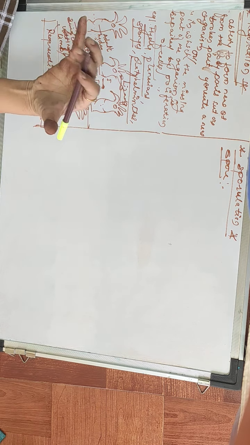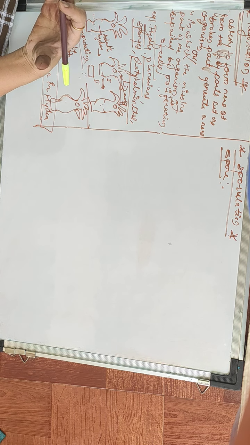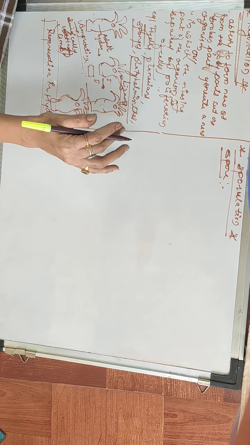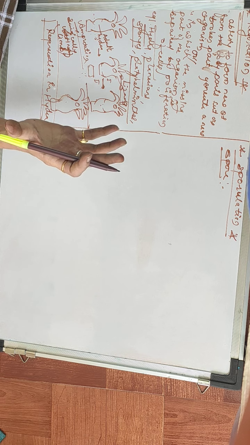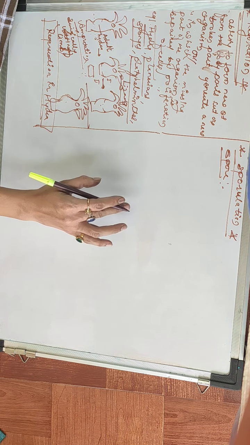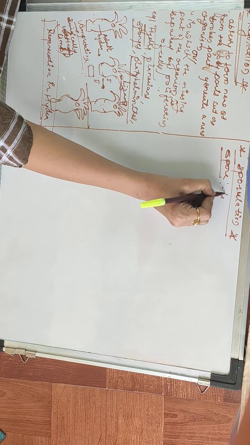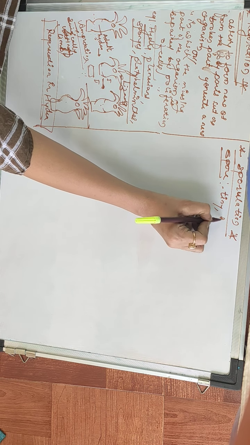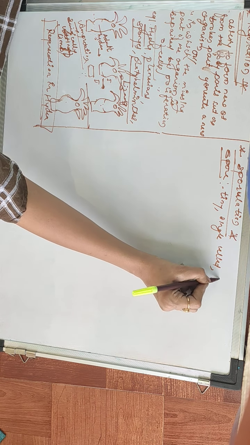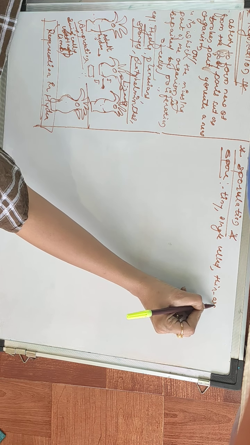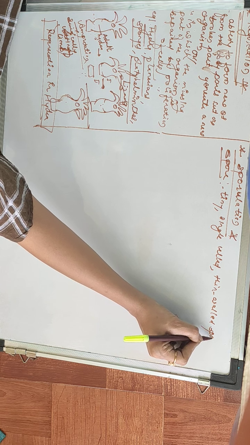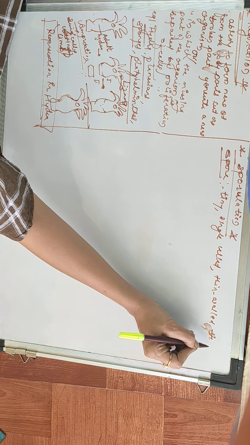Spores are a tiny, single-celled, thin-walled structure. That structure is known as spores.